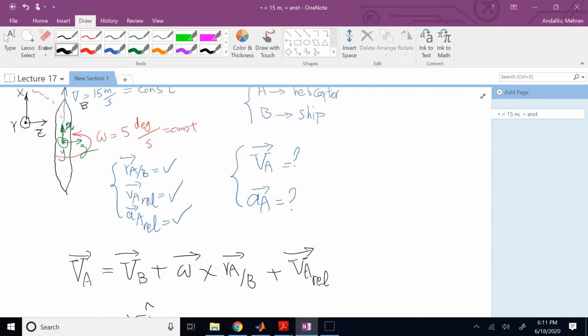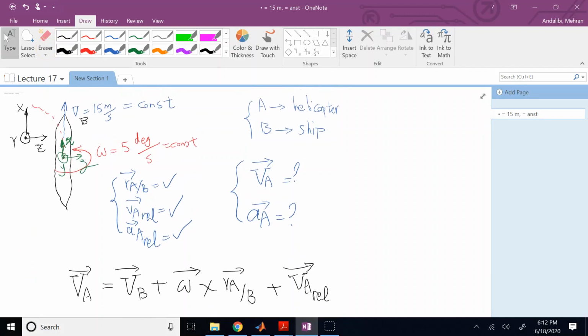So we need to make sure that omega here is converted into standard units. So this is also equal to 5 times pi divided by 180, right? That's how you go from degrees to radians. So 5 divided by 180 is 1 over 36, so it is going to be pi over 36 radians per second.